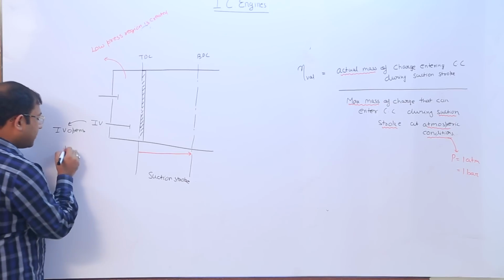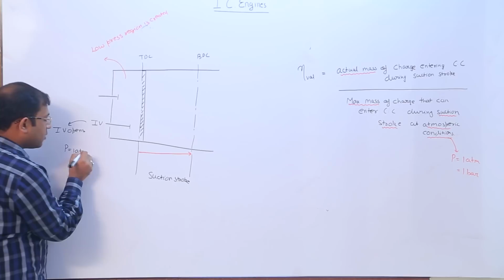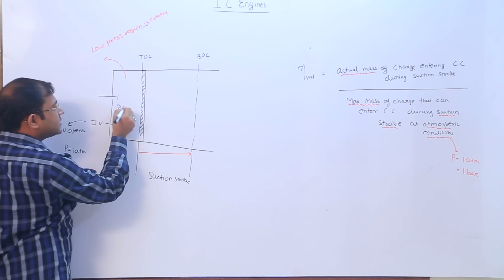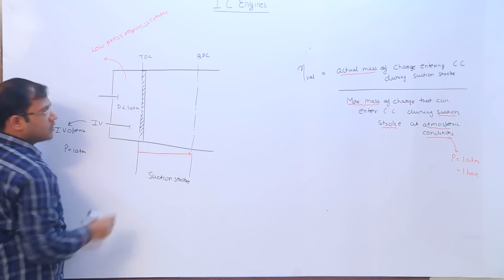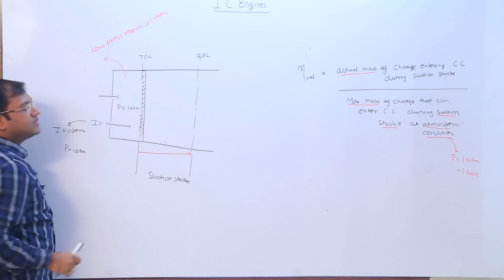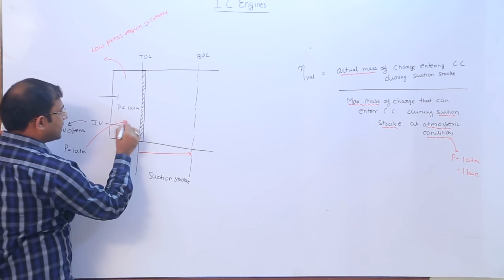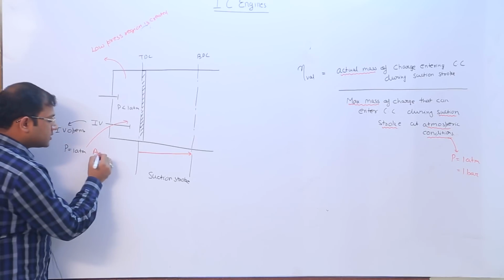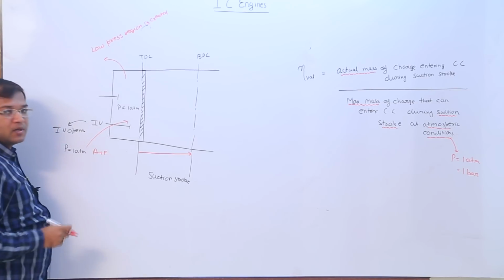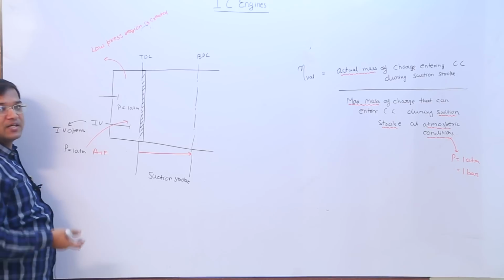And since here the pressure is equal to 1 atmosphere and here the pressure is less than 1 atmosphere, because a low pressure region is created, some of the charge will enter the combustion chamber. Some of the charge will enter the combustion chamber due to this pressure difference.